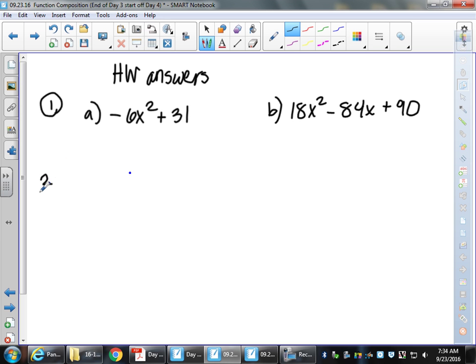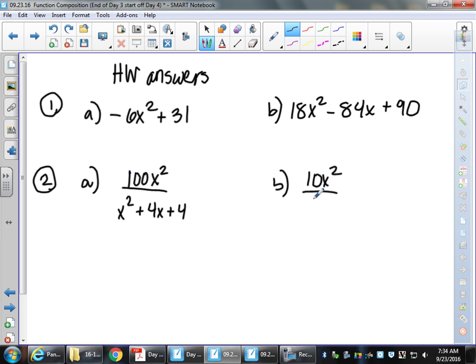Number 2, A, so what's on the left? 100x squared divided by x squared plus 4x plus 4. On the right, 10x squared over 2x squared plus 1 in the denominator.